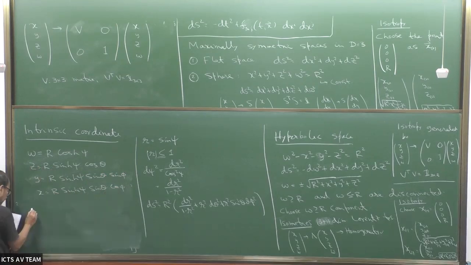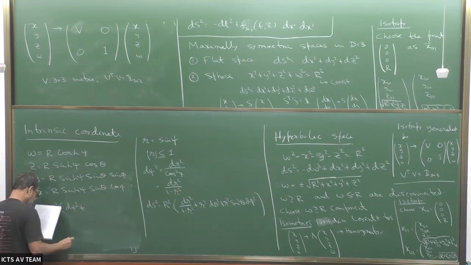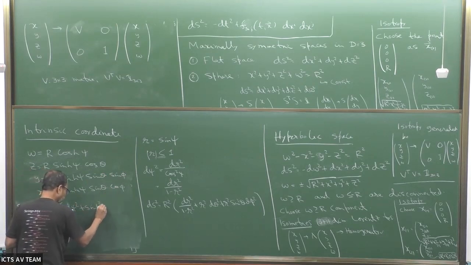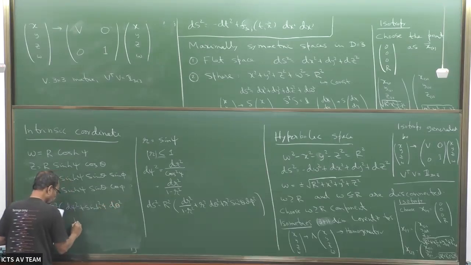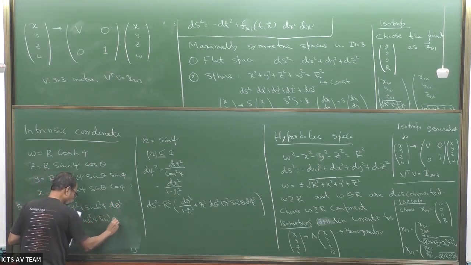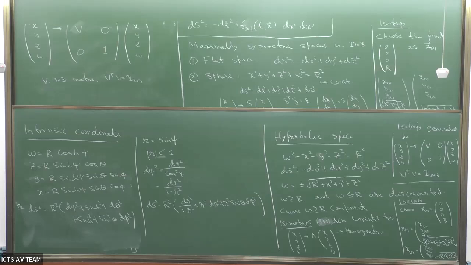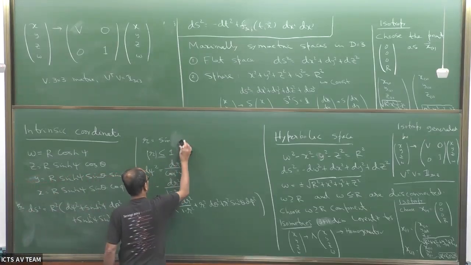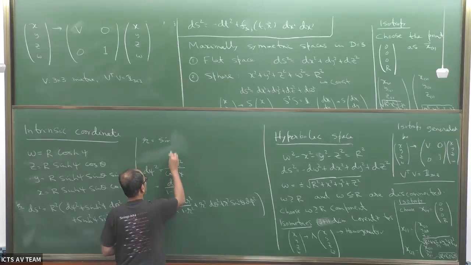Okay, so ds square becomes r square d psi square plus sine hyperbolic square psi... So here you change variable to sine hyperbolic psi.